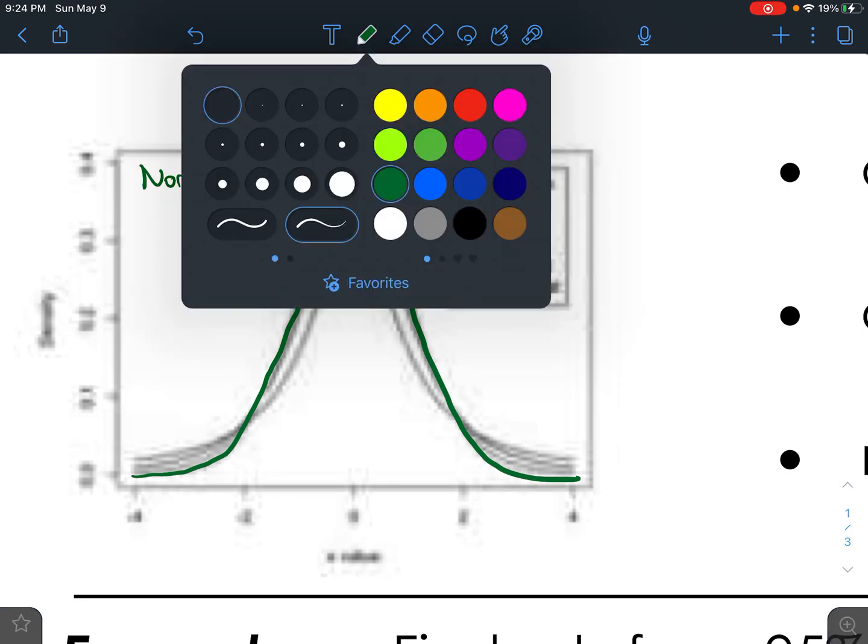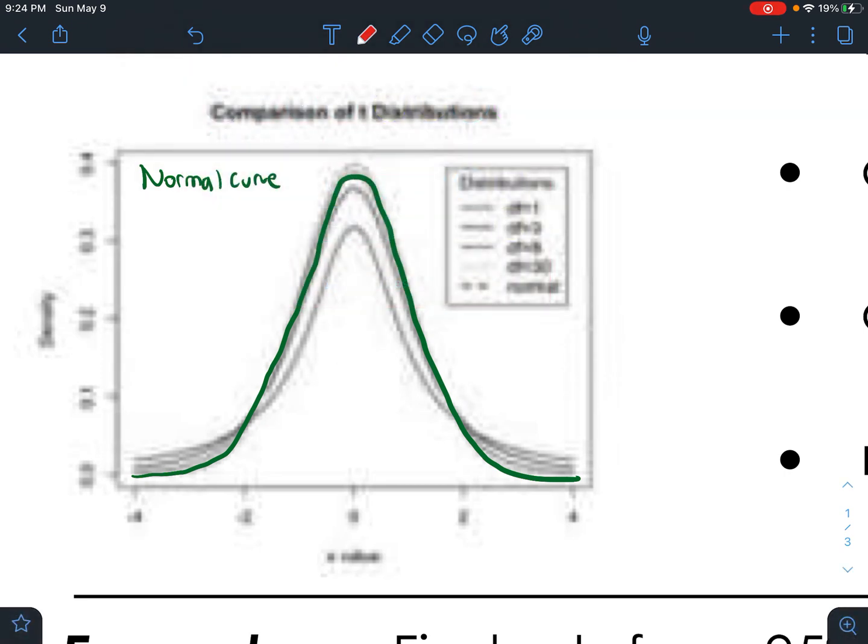That's our standard normal curve. Just so we have an understanding of how this changes, if we have a degree of freedom that's, let's say, the one that's next closest to it, it's a little higher on the tails, but then lower in the middle.